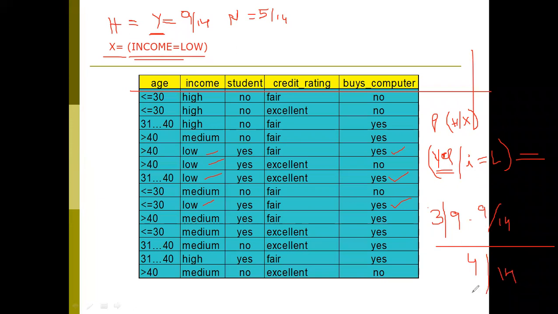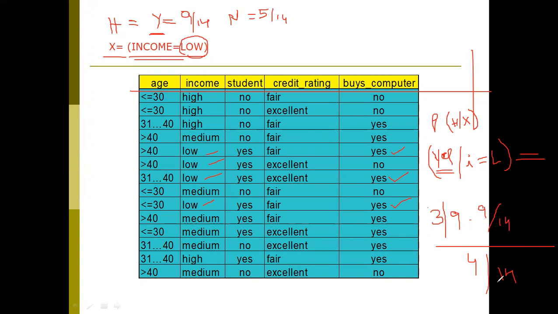Okay, like this you are going to calculate the probabilities. If your selected attribute is income with the low value, these are the values.